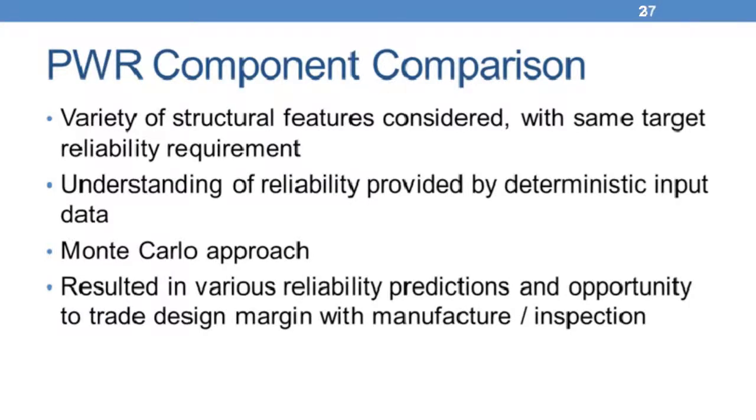Now, again, by undertaking Monte Carlo analyses of each of these structural components, these structural features in turn, the level of reliability associated with the deterministic analysis in each case was evaluated. And very interestingly, the analysis showed a variety of reliability predictions for this group of structural features which have the same notional requirement. So this immediately presents us with some good opportunities for doing some of the margin type trades that I described earlier.